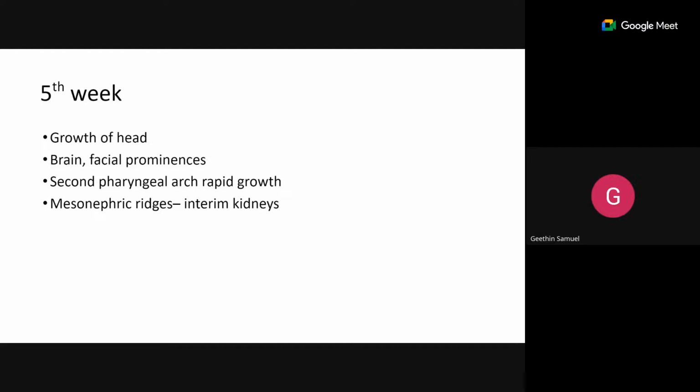Then the development of the neck will be there, that is by the pharyngeal arches, but only 2 pharyngeal arches will be coming. Then the intermediate mesoderm, from which we have the development of the sex glands and a series of kidneys. They will transiently work for a little bit of time and then regress.